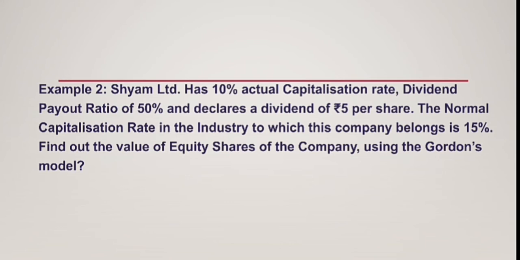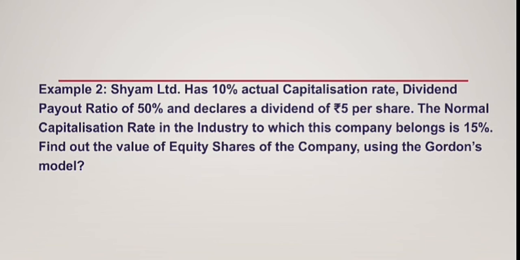So first of all we have to read the question carefully and write out the main properties which are given in the question. Here, K is given, that is 10%, the dividend payout ratio is given as 50%, dividend per share is given as 5 rupees per share, and the capitalization rate, the normal required rate of return, R, is also given as 15%.